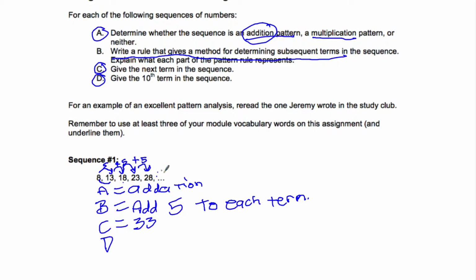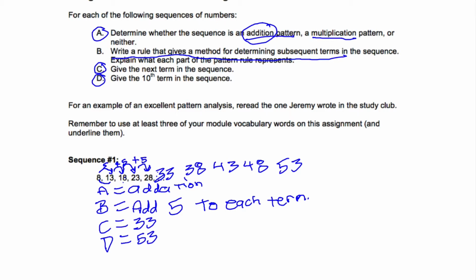So it would be 33, 38, 43, 48, and let's see, that's 1, 2, 3, 4, 5, 6, 7, 8, 9, and 53 would be number 10. And that's what it's looking for in the A, B, C, D.